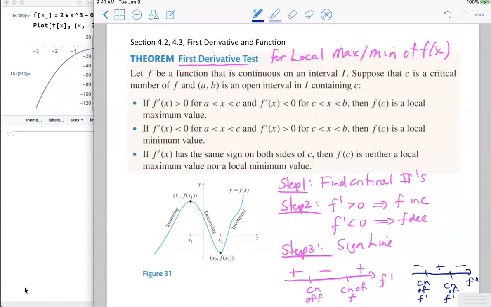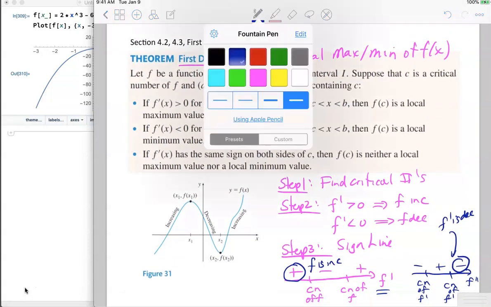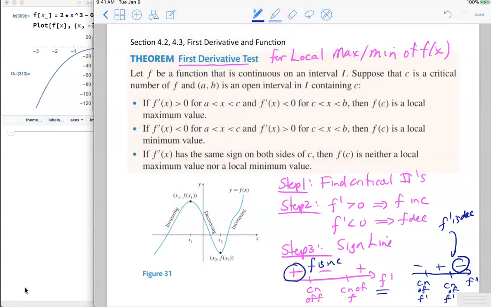So what we can say here is that this positive sign, the sign line for f prime, says that f is increasing, and this negative sign here says that f prime is decreasing on that interval. So this is where we've come from, and the first derivative test is a test to figure out if a function f of x has a local maximum or a local minimum.